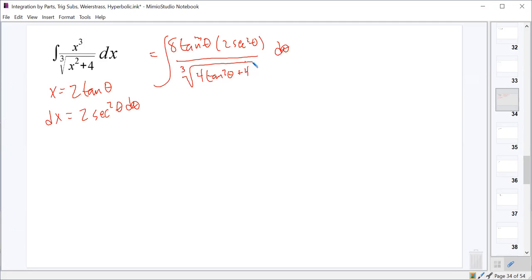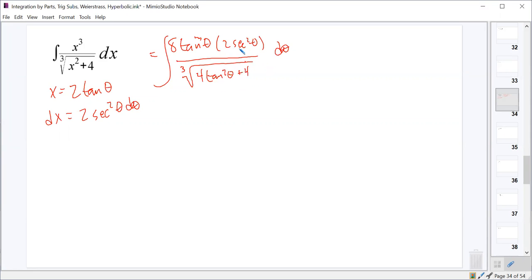As we take a look at this, if we pull this 4 out, we end up with tangent squared theta plus 1 inside, which is a secant squared theta. So we're going to end up with the cube root of secant squared theta, or secant to the 2/3 power, down here in the denominator.